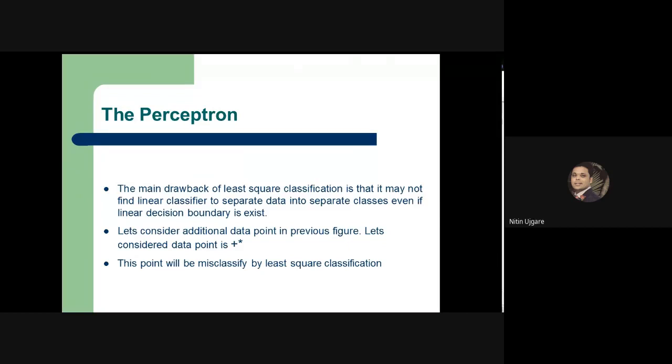So now the main drawback of this least square classification is that it may not find the linear decision boundary to separate the data into two classes, even if a linear decision boundary exists. Okay, now how is that possible, or how can we visualize it? To illustrate this statement, let us consider an additional data point in this figure.